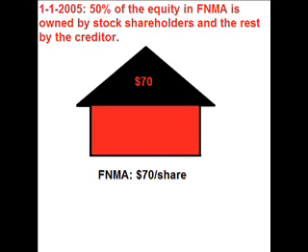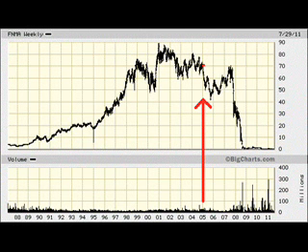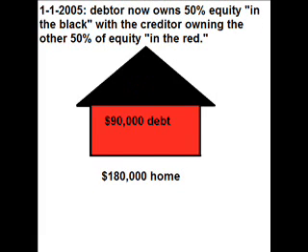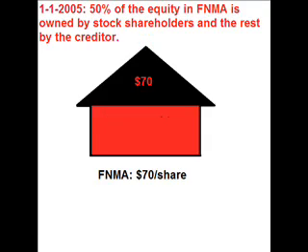Now in 2005, Fannie Mae's price was $70 per share. So in 2005, 50% of the equity of Fannie Mae is owned by stock shareholders and the rest by the creditor. Where did I get 50%? I just borrowed it off of that other picture from the housing market. But the reason I did that is because Fannie Mae had creditors. They had borrowed money from other borrowers, and lent out money that they had borrowed in many cases.